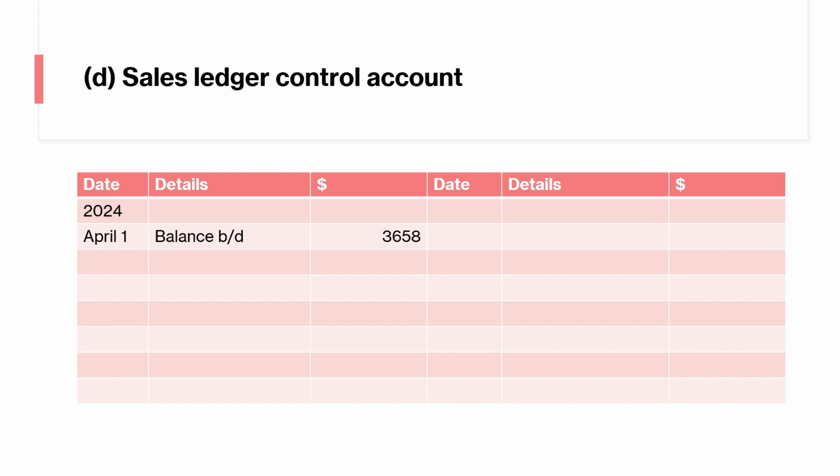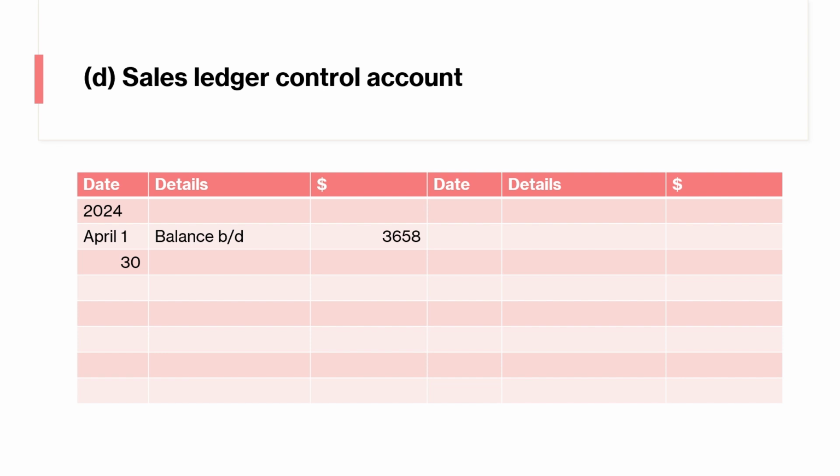And then on the 30th of April, we transferred the total of the sales journal to the sales account. We have to record that amount as sales in the sales ledger control account.